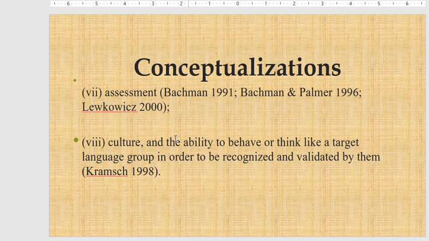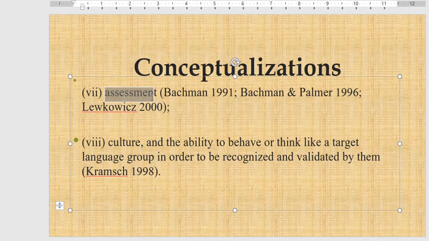Bachman and Palmer, and Lewkowicz 2000 refer to assessment. Yes, assessment is authentic when in our items or questions we insert real life problems, real life tasks.